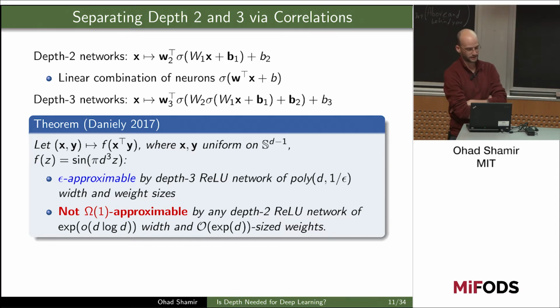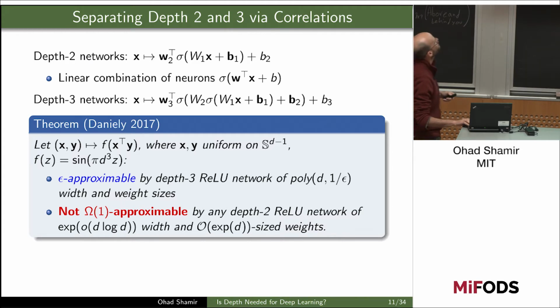So this is a theorem by Amit Daniely from last year, which says that if you look at this particular function, where you have a vector that you divide the coordinates into two groups, and then you take the inner product of these and push it through some kind of sinusoidal function, where x and y are uniform on the unit sphere.